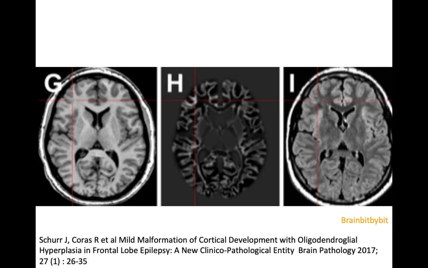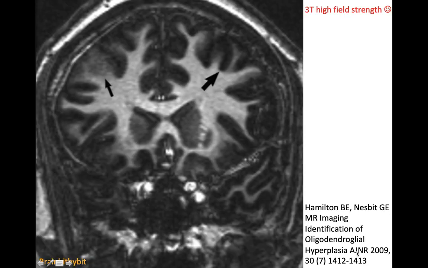And this might be a new entity, namely the MOGHE, and it was described in 2017 as a new entity, but if you look in literature, there was already an article in the American Journal of Neuroradiology 2009 where they had an MRI at 3 Tesla, which they called high field strength at that time, with some abnormalities in the white matter in a patient with epilepsy, and they already named it oligodendroglial hyperplasia.